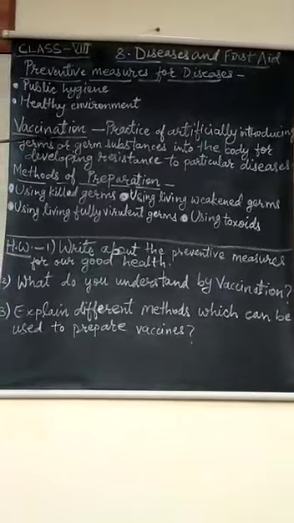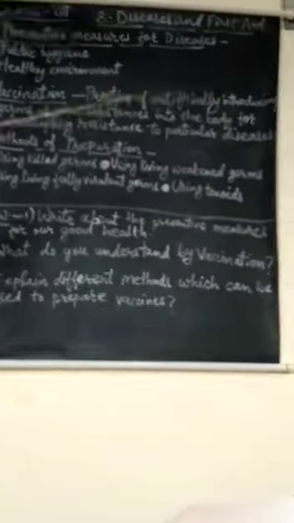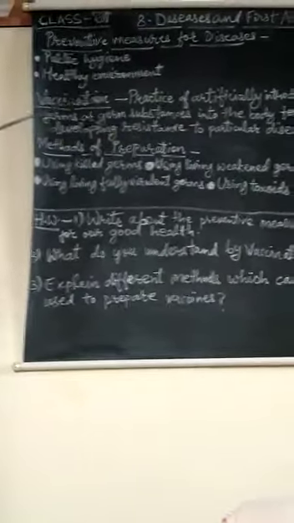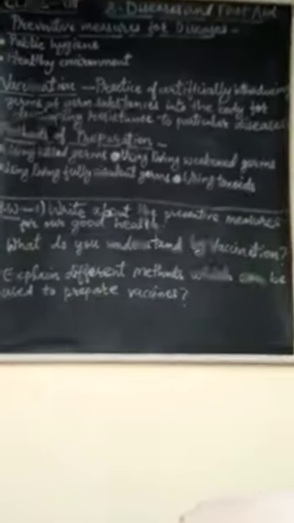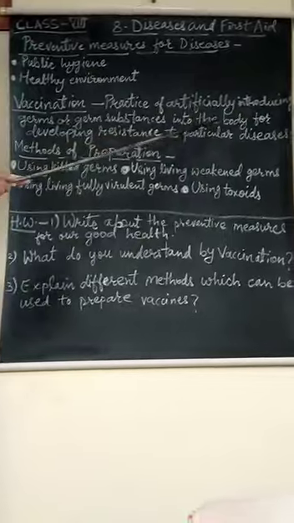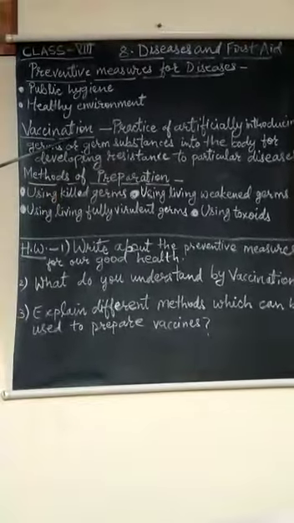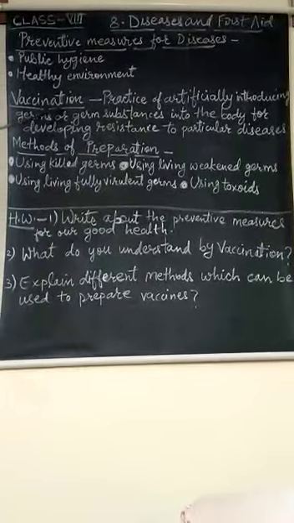So, vaccination is a practice of artificially introducing germs or germ substances into the body for developing resistance to particular diseases. I hope the definition of vaccination is clear.